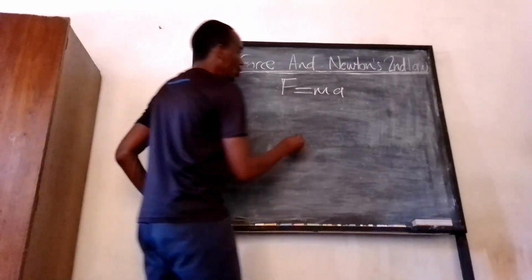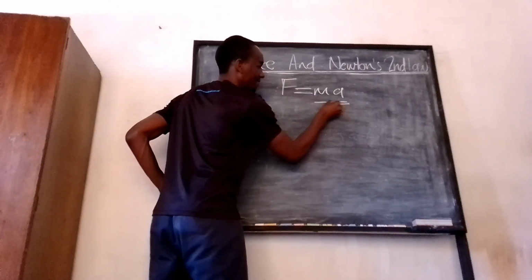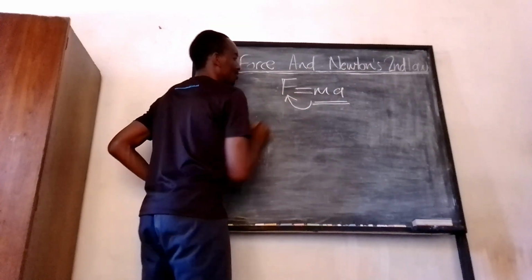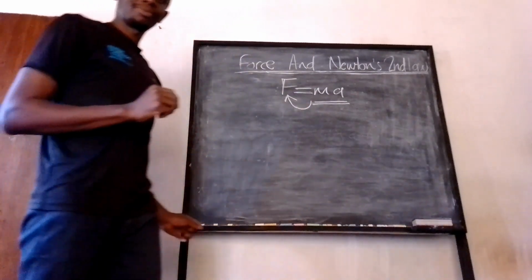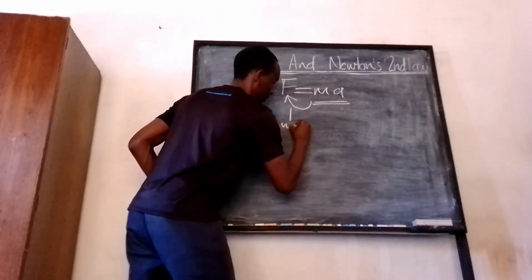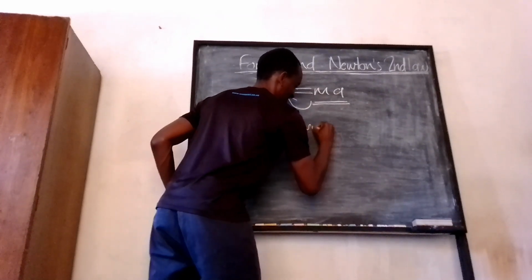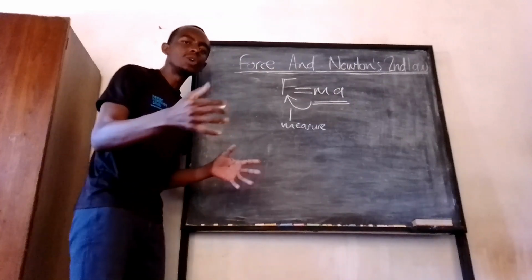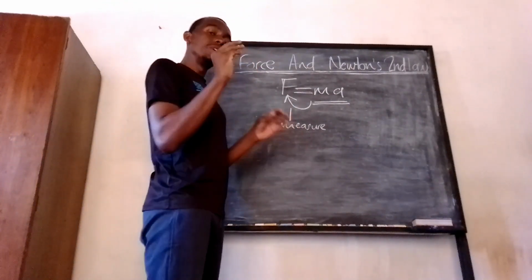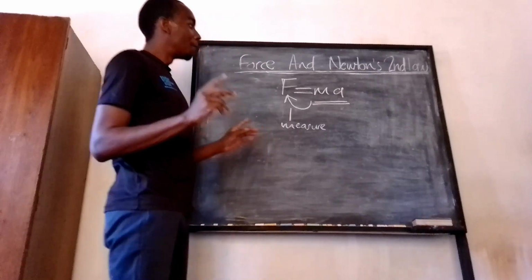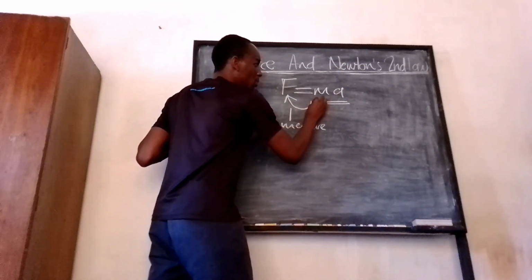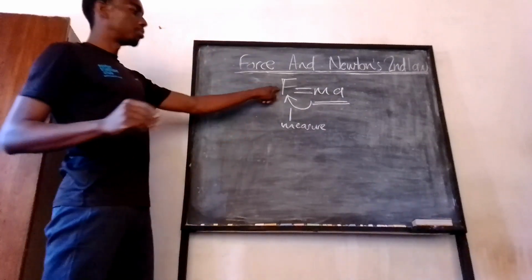Newton's second law defines force for us so that we are able to measure it. Force itself we can never measure directly, but what we do with Newton's second law is talk about the effects the force produces.